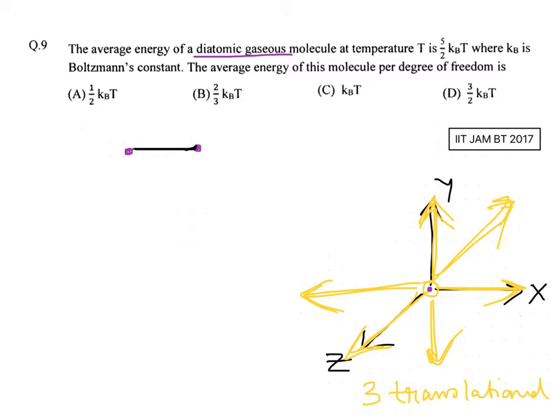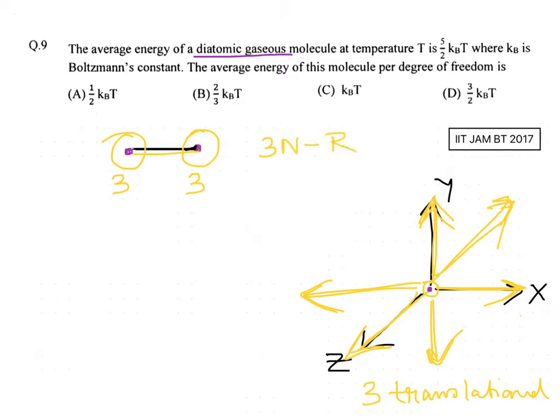If we go by the formula for calculating degrees of freedom, then first of all, for the first atom there are 3 degrees of freedom, and for the second atom there are 3 degrees of freedom independently. But there is a bond between them. That means the total number of degrees of freedom is 3n minus r.